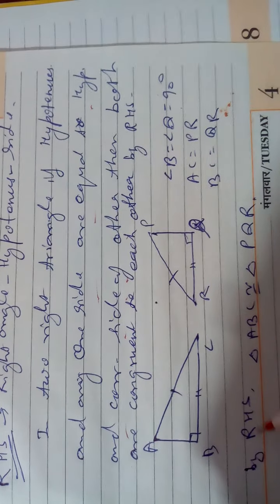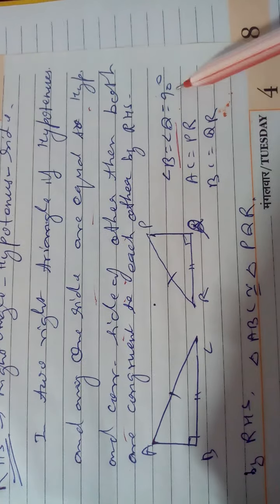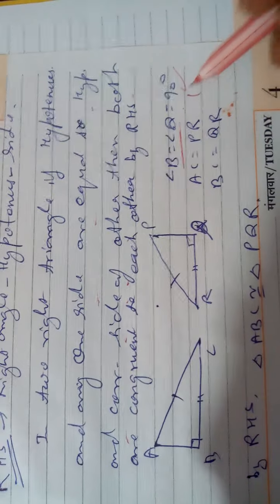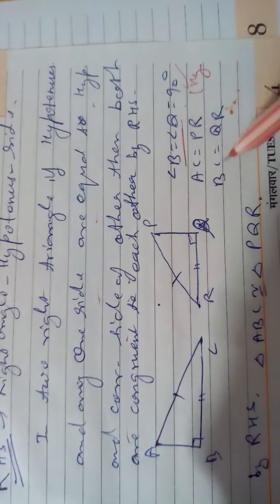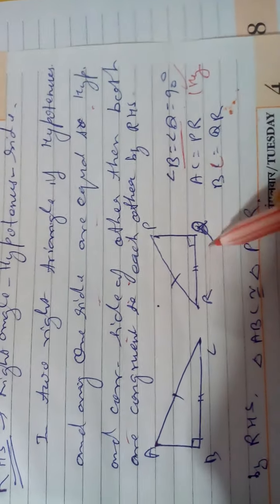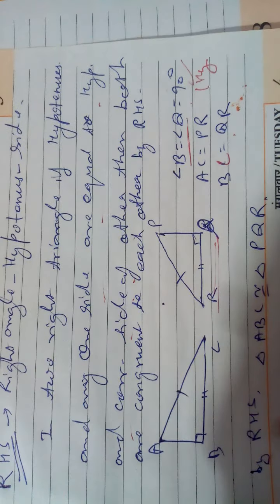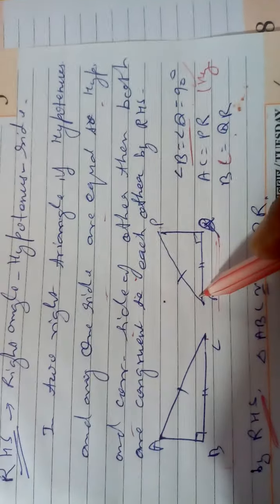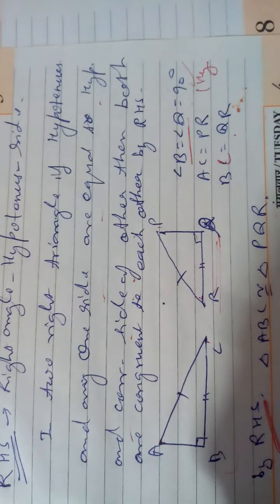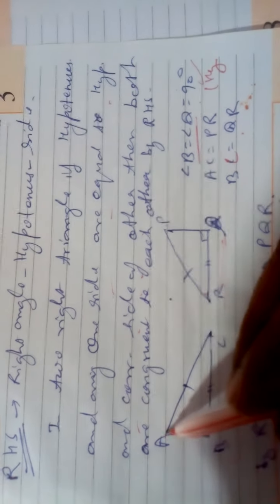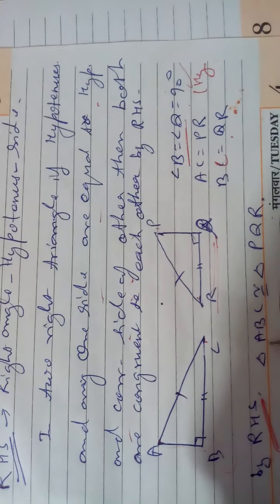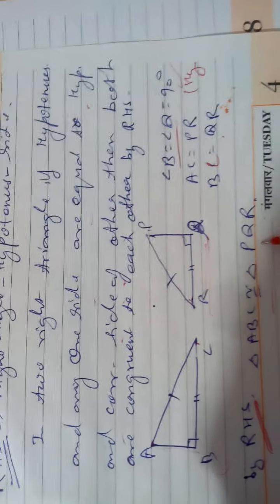Given triangles ABC and PQR, angle B and angle Q are 90, AC hypotenuse given, and another side BC equals QR. So by RHS, triangle ABC is congruent to PQR. The rest you can prove by CPCT: AB equals PQ, angle A equals angle P by CPCT.